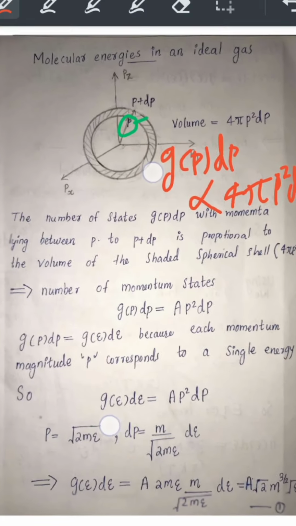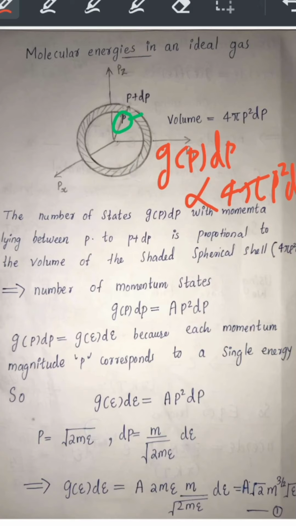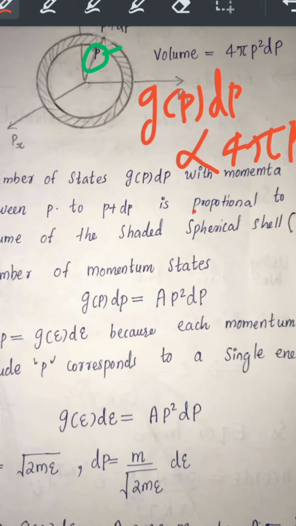So in general, I can write the number of momentum states g of p dp as equal to A p square dp, where A is a constant. We will find it later.